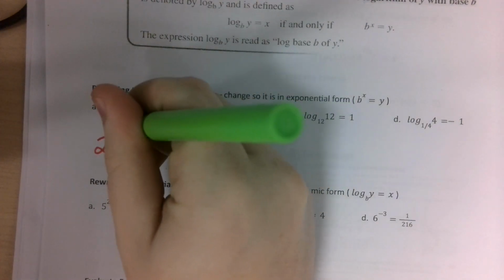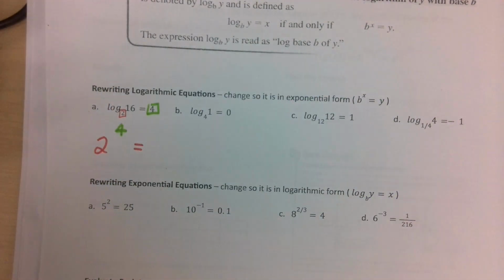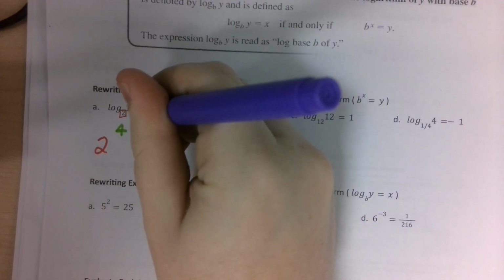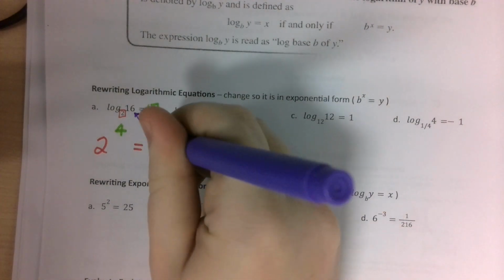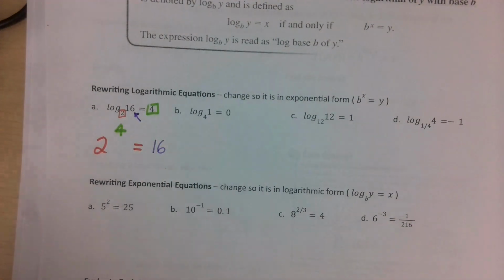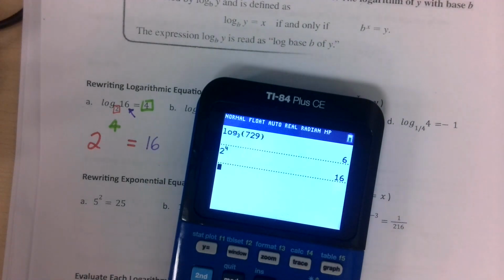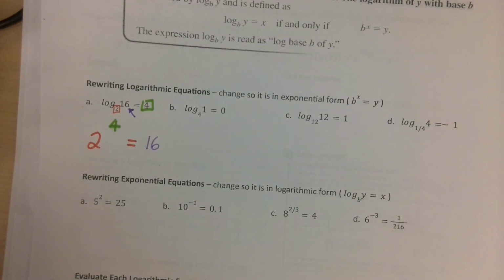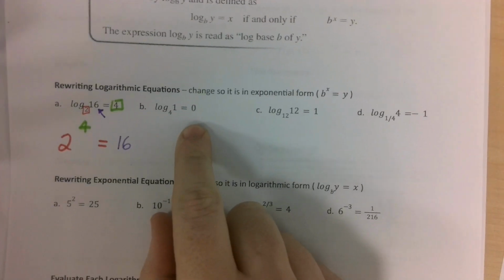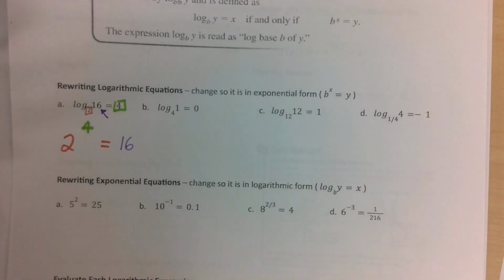So this 4 here is the exponent. Finally, the argument here is what goes on the other side of the equal sign. 2 to the 4th equals 16. That is a fact. If I do 2 to the 4th in my calculator, it's going to give me 16. Bam. So logarithms are just a different way of writing it. Can you try rewriting these 3? Pause the video and see if you can rewrite the others.